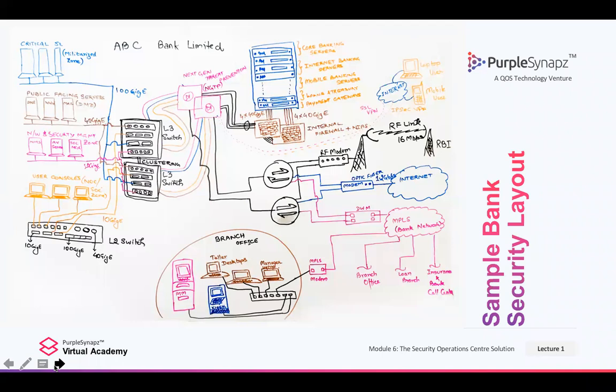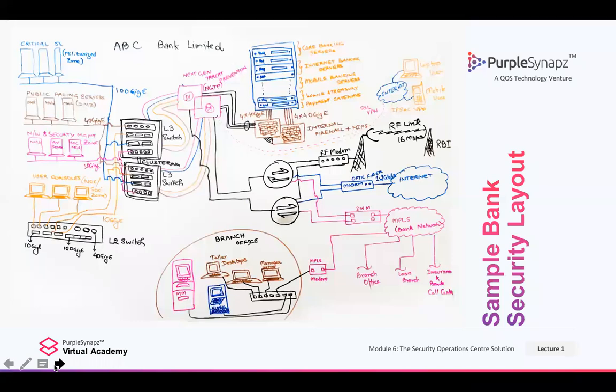There you see in orange the text: core banking servers, internet banking servers, mobile banking servers, loans and treasury, payment gateway. All that is required to run the business of the customers of the bank is part of that particular infrastructure.